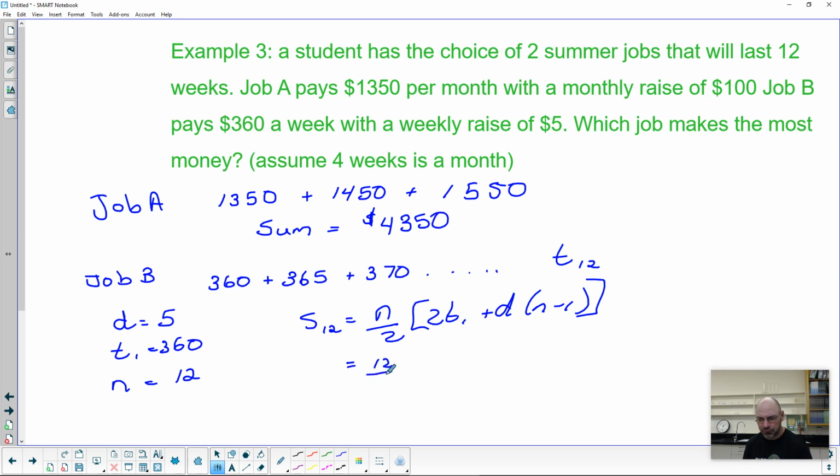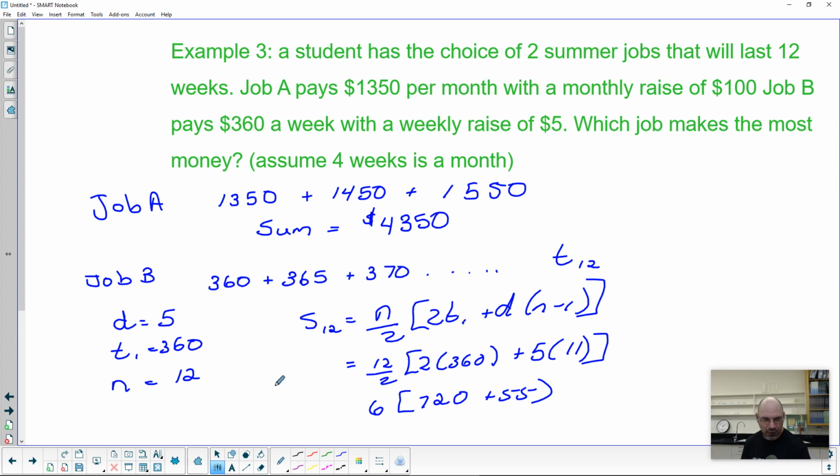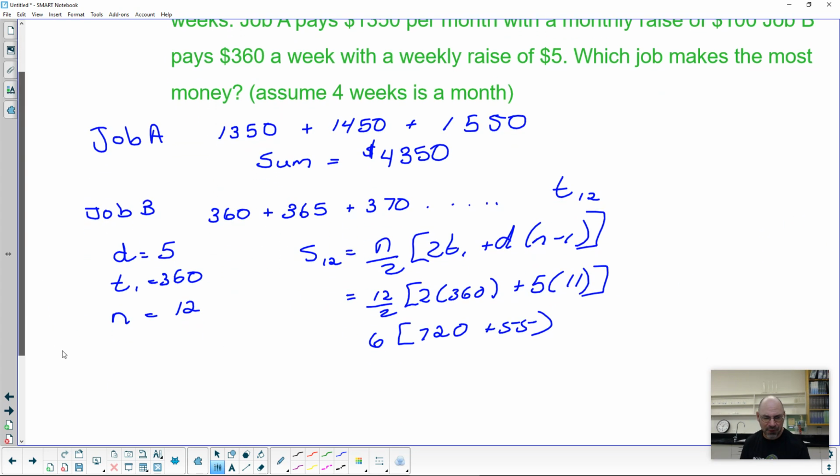12 over 2 times 2 times 360 plus 5 times, okay, and we're looking 12 minus 1 is 11. There we have it. 6 times 720 plus 55. Okay, and let's just bring this down so we can see it a little bit better.